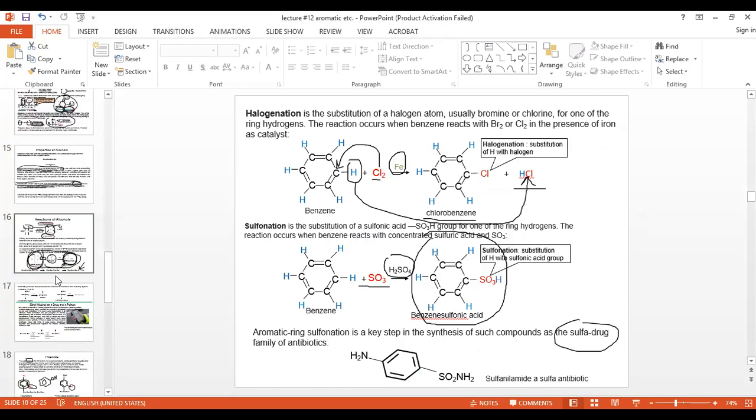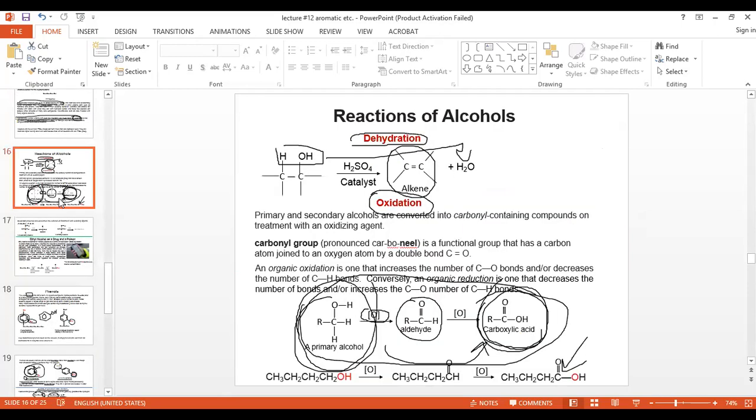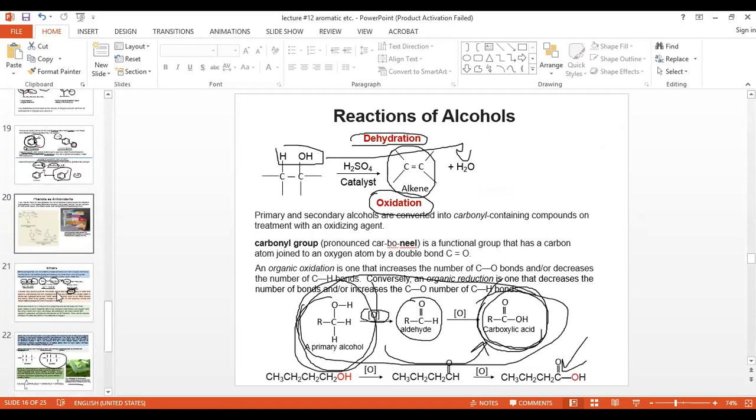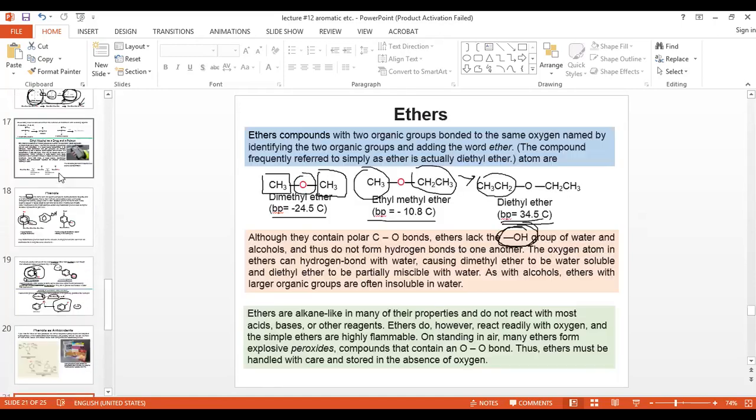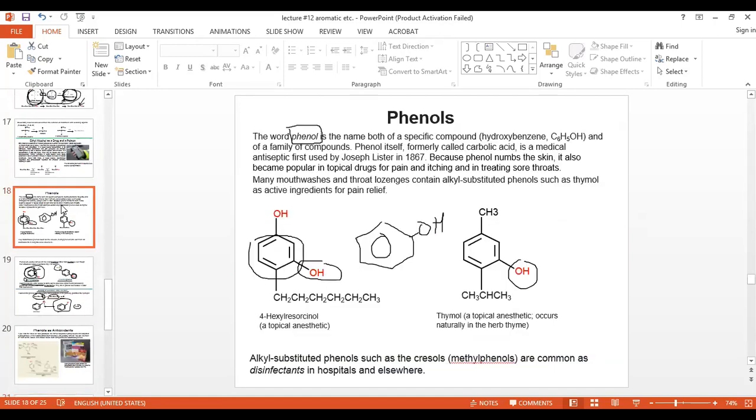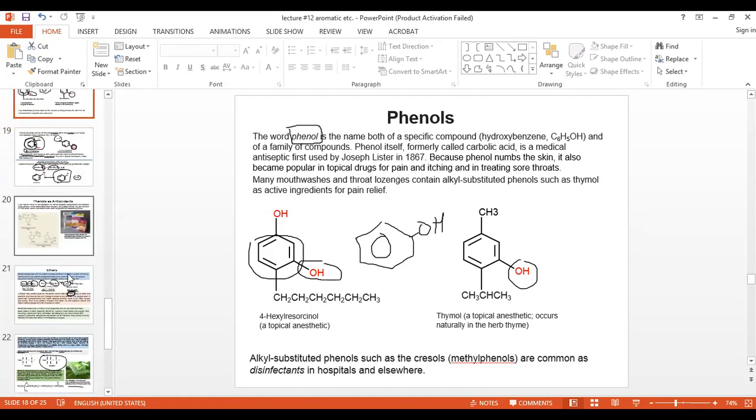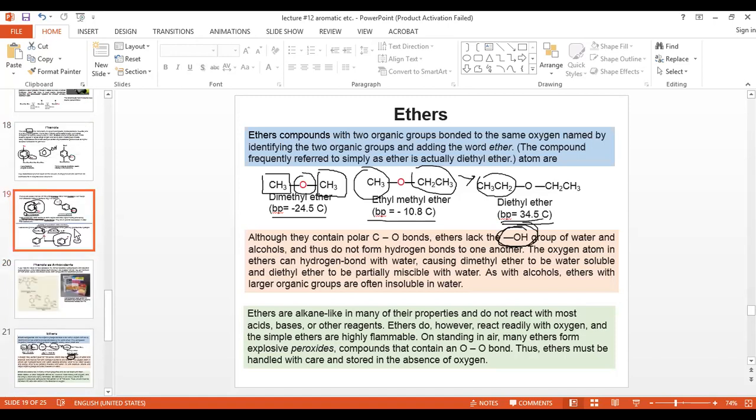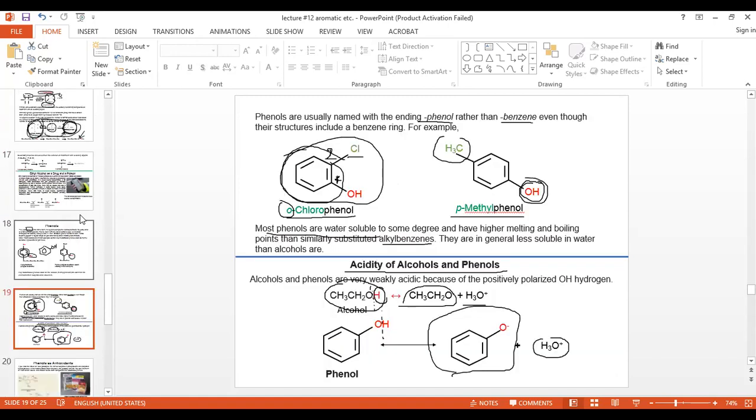You need to know also about alcohols, and phenols, and ethers. What I want you to remember is how they look: what is the structure of ether, what is the structure of phenol, and what is the structure of alcohol and benzene.